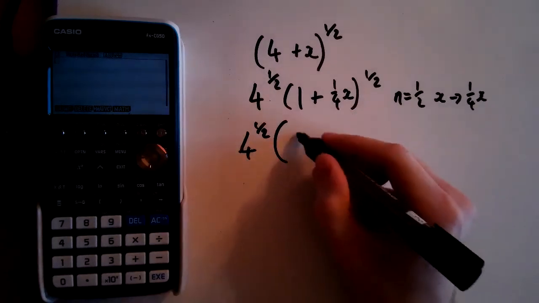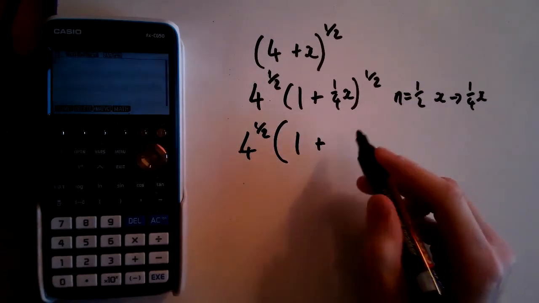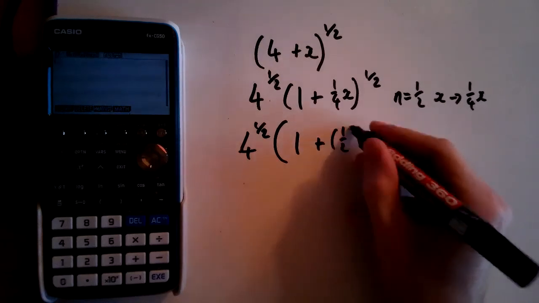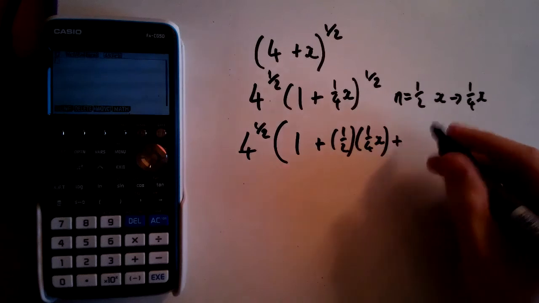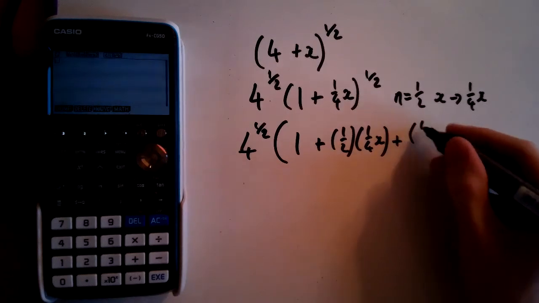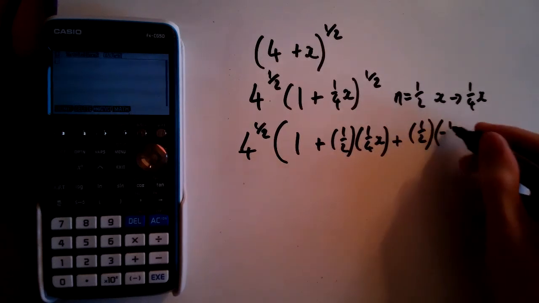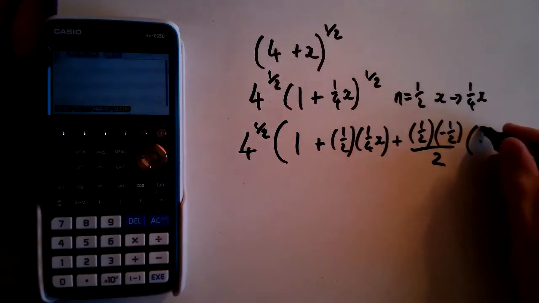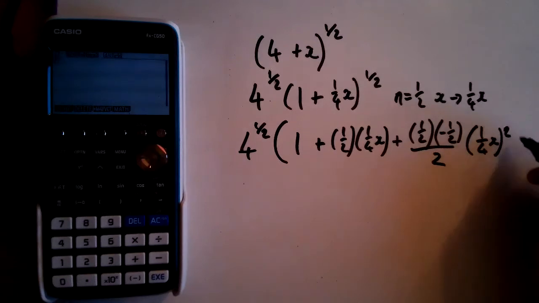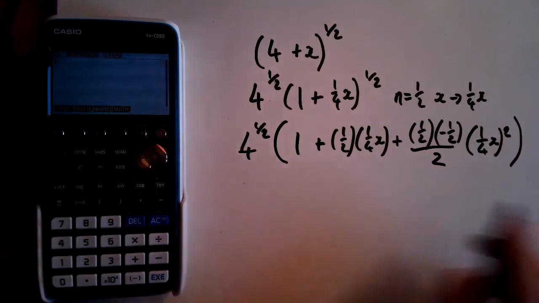So I get 1 plus nx, so it's a half, times a quarter x, plus n minus 1 over 2 times x squared. Now I'm going to simplify the inside.